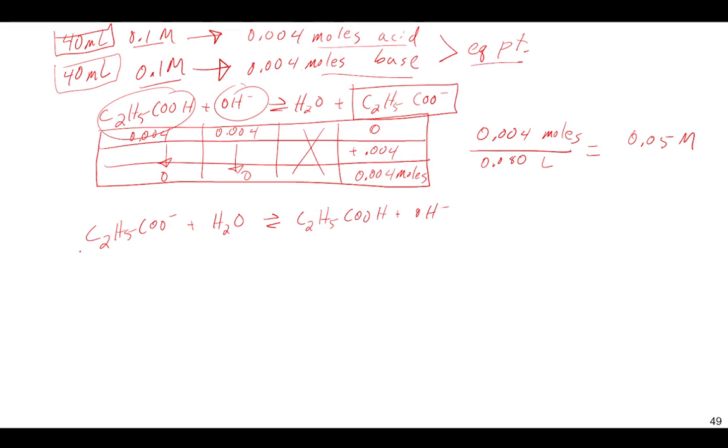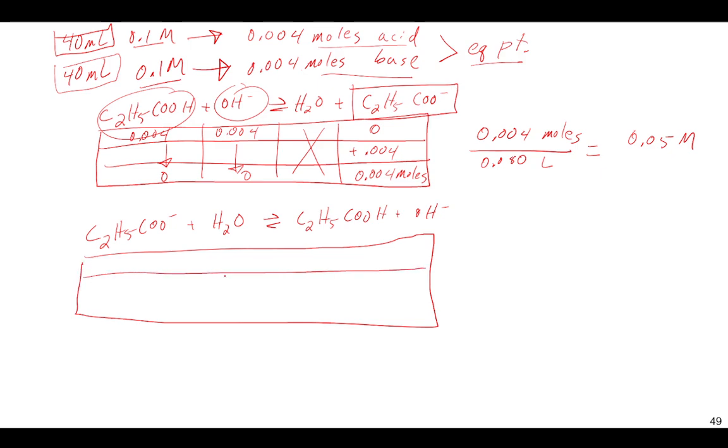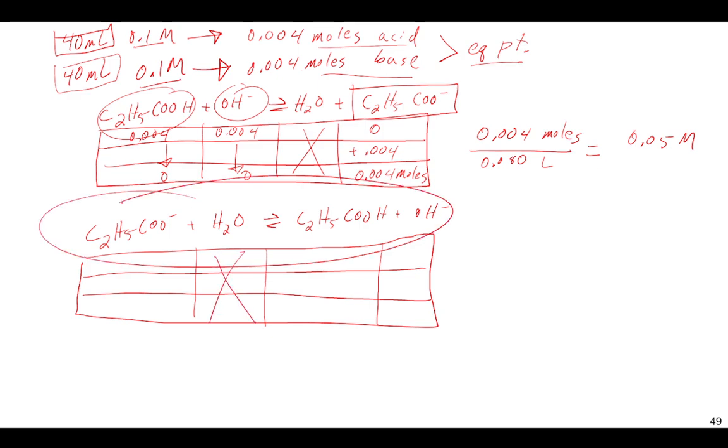Okay, so these equivalence point weak, strong titration problems will always require, at least the way I am teaching it, a second ICE chart where the reaction is just the reverse of the first ICE chart. So this reaction right here is the reverse of this first reaction we used, right?